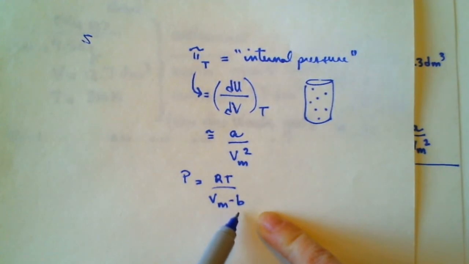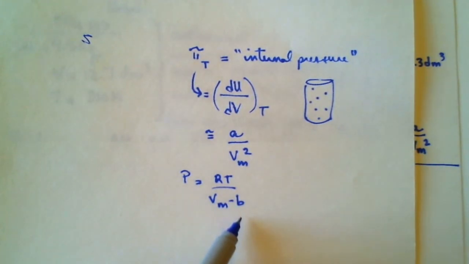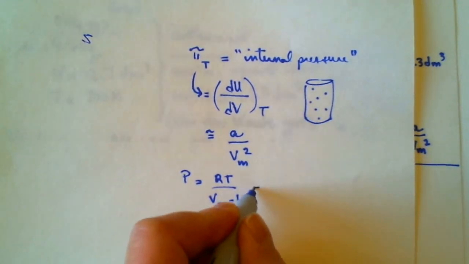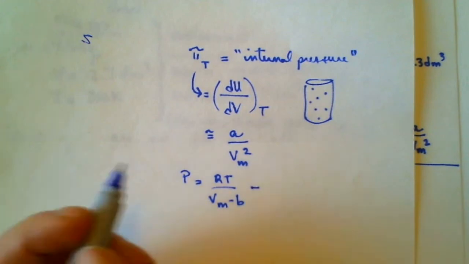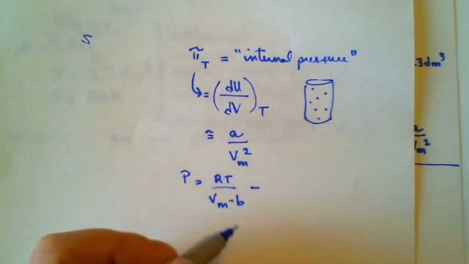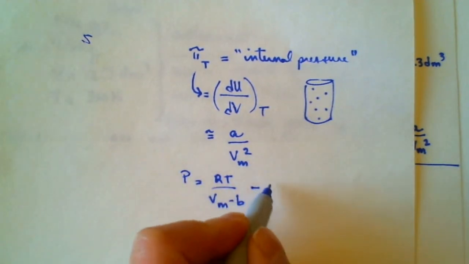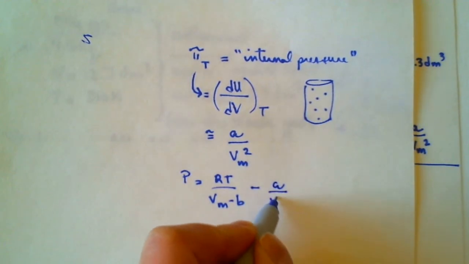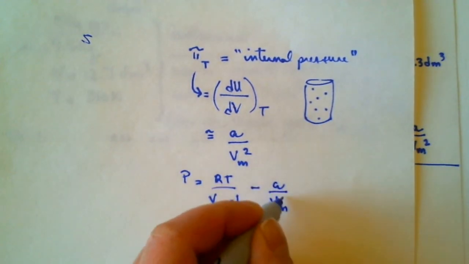But the molar volume, because the gas particles exert an attractive force on each other, is maybe a little less than predicted ideally, so that accounts for that. And because that's going on, maybe the pressure exerted by this gas is a little less than predicted ideally, and so we have to take a little bit away from the pressure as well.